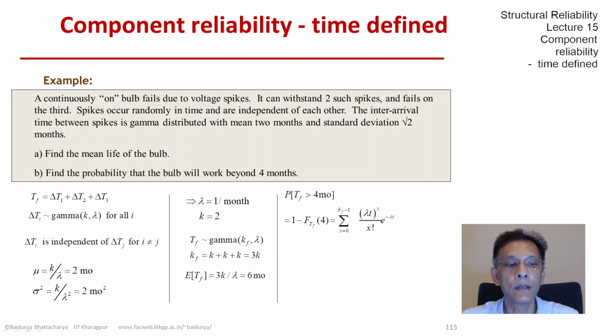Here lambda is 1 per month as before, t is 4 months, kf is thrice k, which is 6, and we need to add these 6 Poisson PMF terms. If we do that right, the answer comes to 78.5%. So that's the probability that this particular bulb will work for at least 4 months.